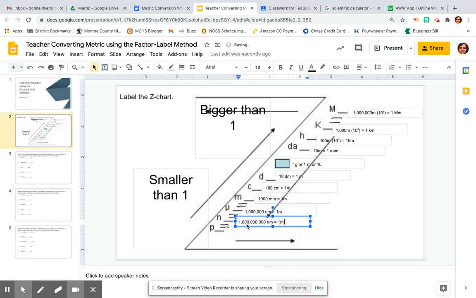So again, if we were to take a meter stick and slice it into 1 billion equal pieces, one of those pieces would be a nanometer. And then lastly, pico is the smallest one. Pico is 10 to the minus 12. So basically it's 1/1 trillionth. And so it would take 1 trillion picometers to be 1 meter.